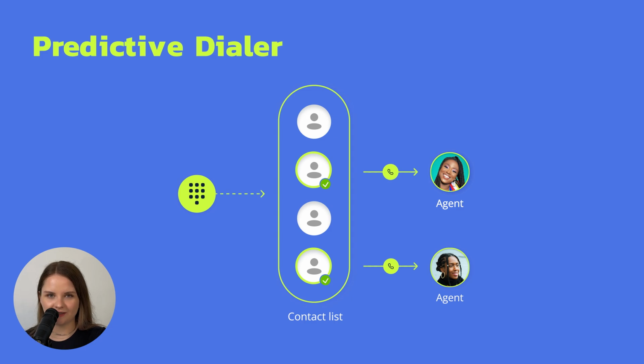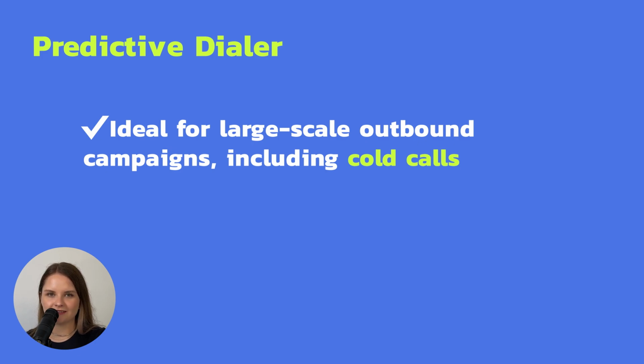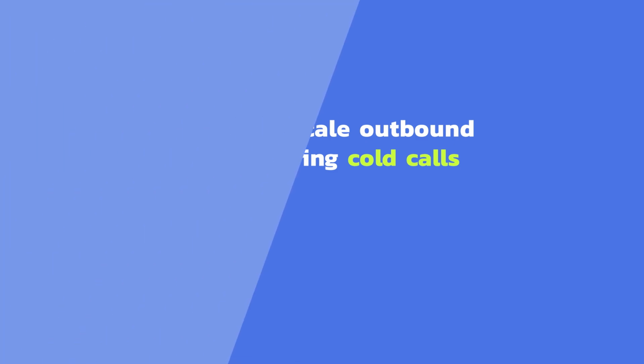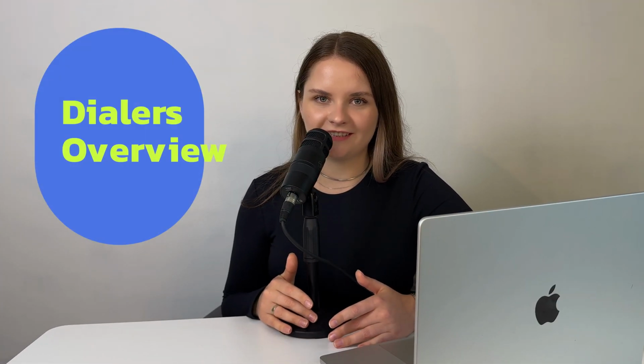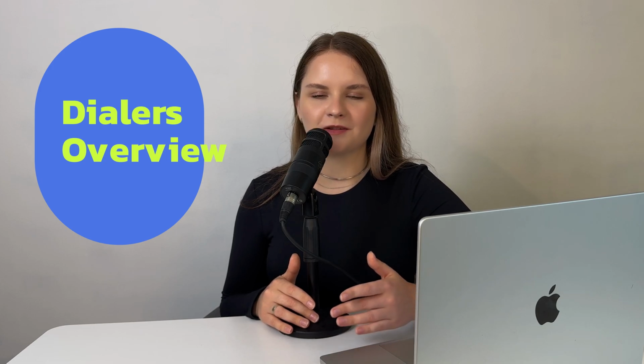Just like in the progressive mode, the predictive dialer connects agents only to calls with a real person on the line, avoiding answering machines and voicemail. So the use of the predictive dialer increases call center efficiency and minimizes downtime, making it ideal for large-scale outbound campaigns. Now that you've learned the details about each dialer, let's look at the highlights of the three.